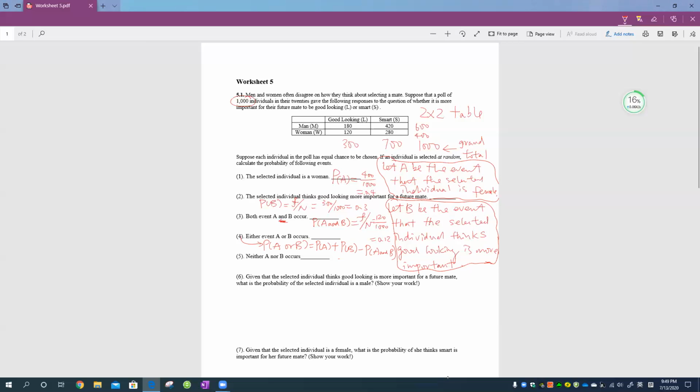So that is probability of A, 0.4, probability of B, 0.3, so 0.4 plus 0.3 minus 0.12, that's A and B. So that gives us 0.58.